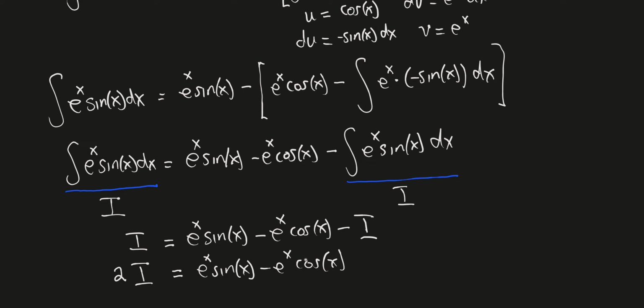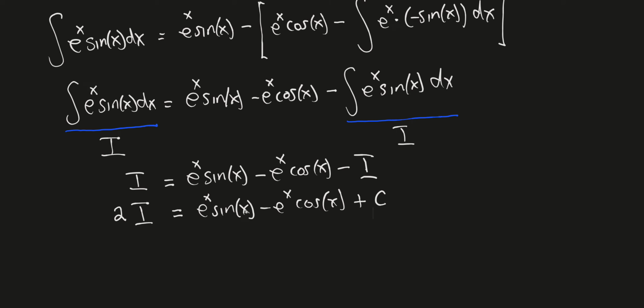Now, technically, this is where the plus C would come in. I'm going to go ahead and write the plus C there, because we have the integral on one side and its antiderivative on this side, but it's not quite done because we have 2 times the integral. And what we need is the integral by itself. So if I'm trying to solve for I, just divide both sides by 2.